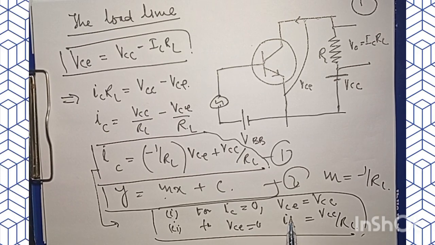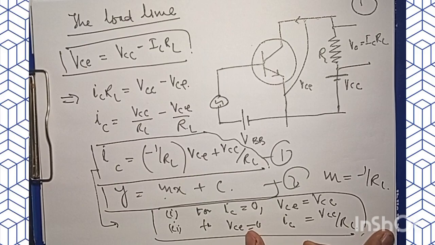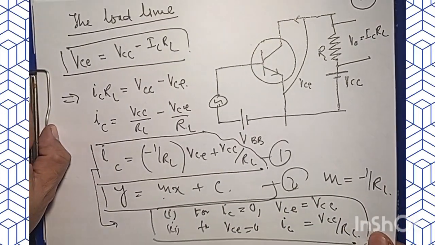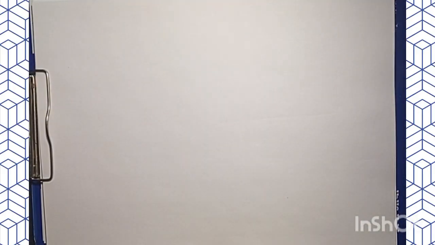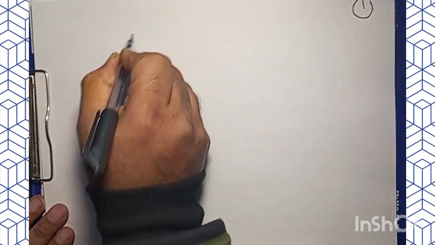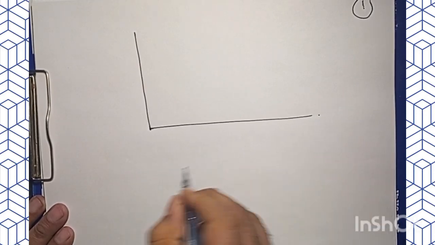Okay, so these will be the outcomes of the conditions that we have imposed. IC equal to 0 and VCE comes out to be VCC. VCE equal to 0, then IC comes out to be VCC by RL. Now if we go to the characteristics of the original configuration of transistor in common emitter mode, how does it look like? We have the y-axis and the x-axis.